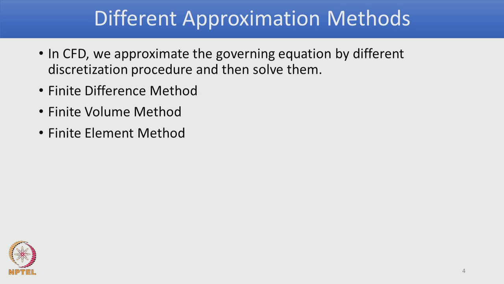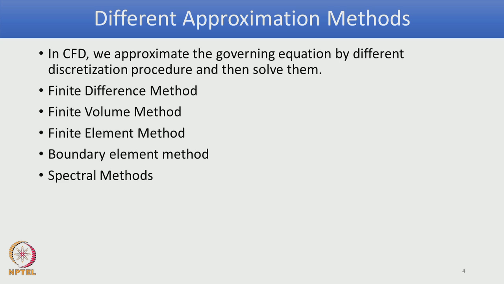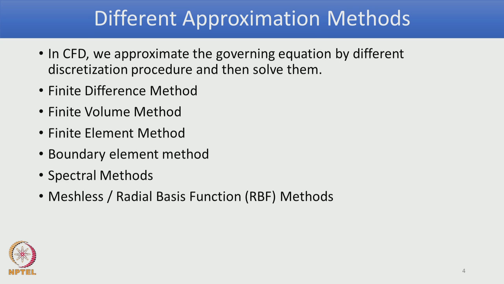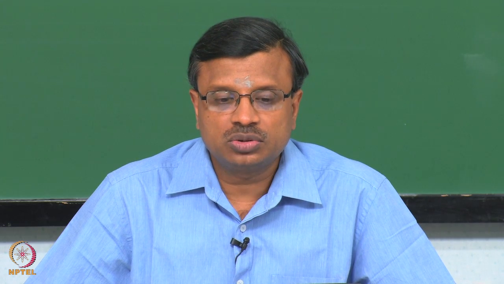These are 3 approximation methods commonly used, but there are also special methods available for special situations: boundary element method, spectral method, and there is another class of approach known as meshless method. One of them, for example, is the radial basis function method. There is also something called smooth particle hydrodynamics, SPH methods. These are all advanced topics in this course.